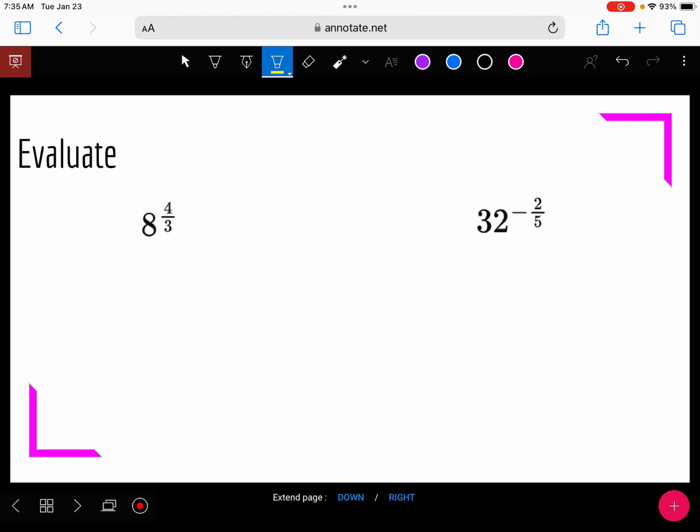We can set these up exactly the same way. We still have a power, we still have an index. Here we're done.